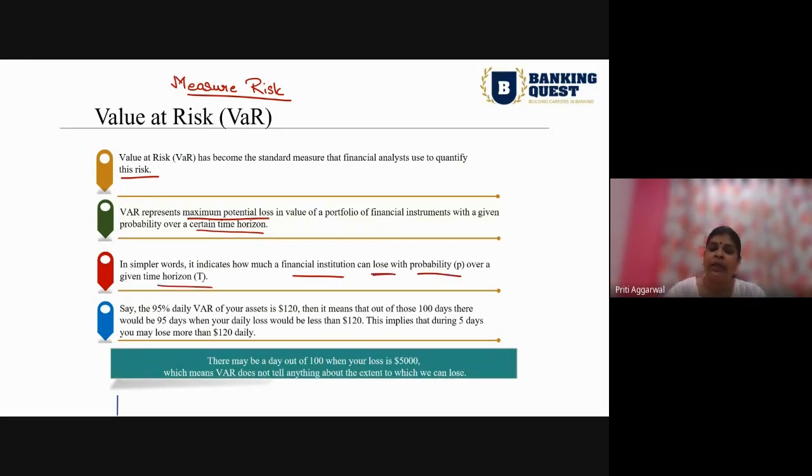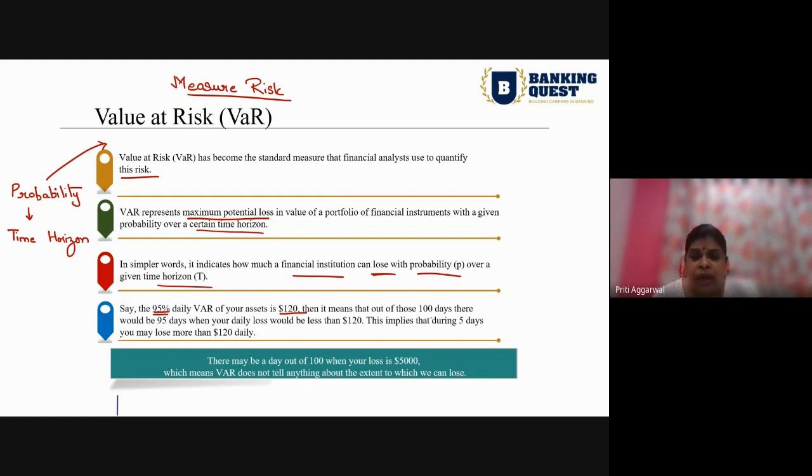So here I am taking into account two important aspects. What is the probability of losing the money, right? What is the probability, and what is the time period? These are the important parameters which are taken into account to calculate your value at risk. Now here, let's say the 95% daily VAR of your assets is $120. Then what will it mean?